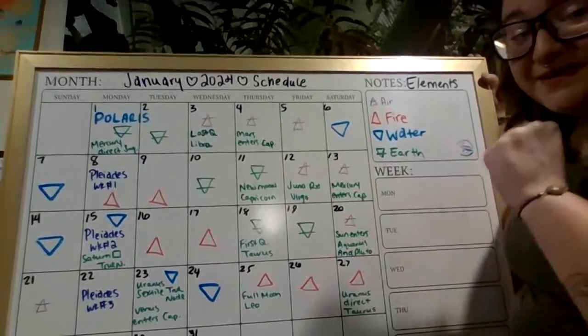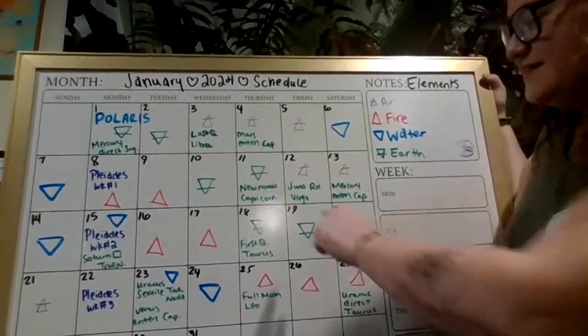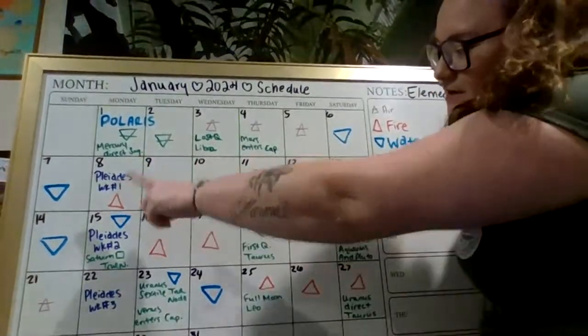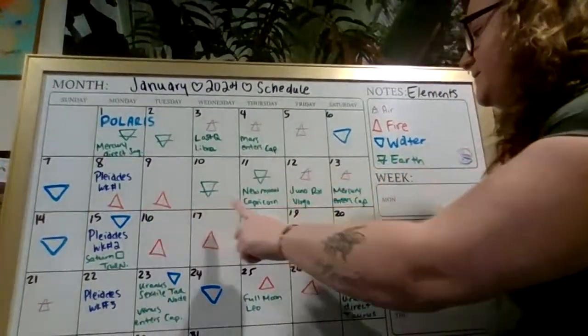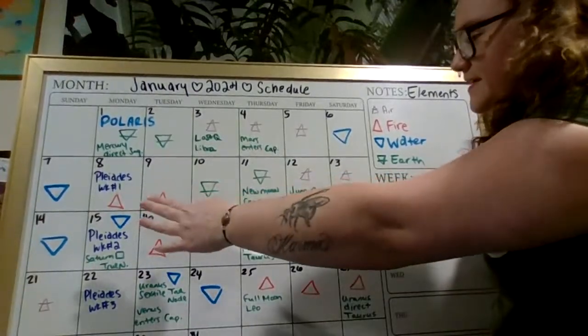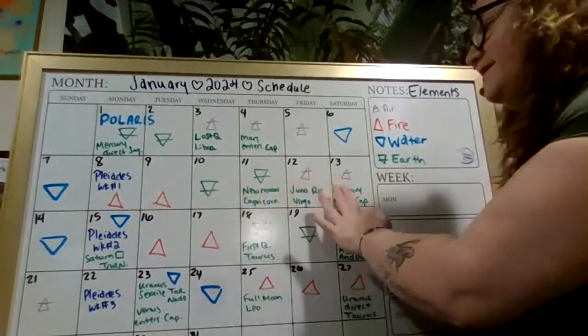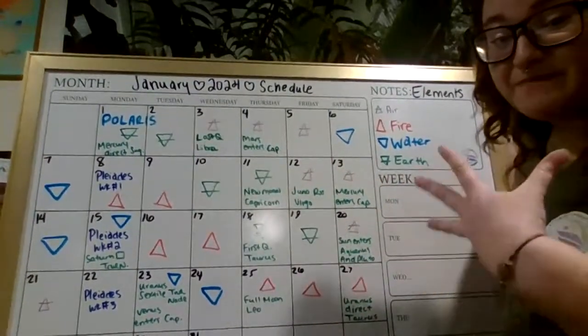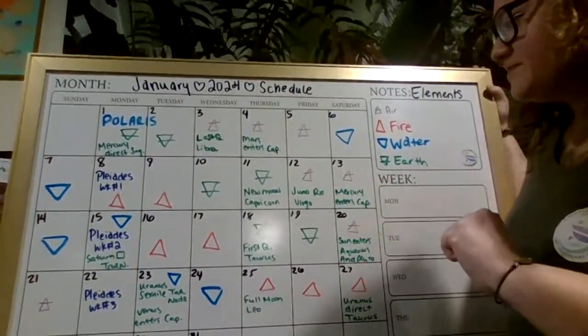You may have already been feeling the new moon energy. So, you can see this week, starting on a Monday or Sunday, it's a pretty balanced week. We have some water, fire, earth, air. So this week I'm hoping towards the end you'll feel a bit more balanced and leveled out.